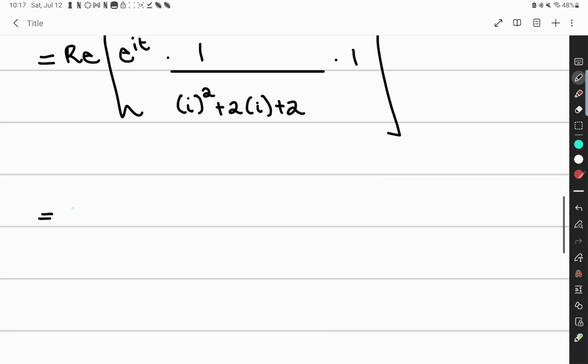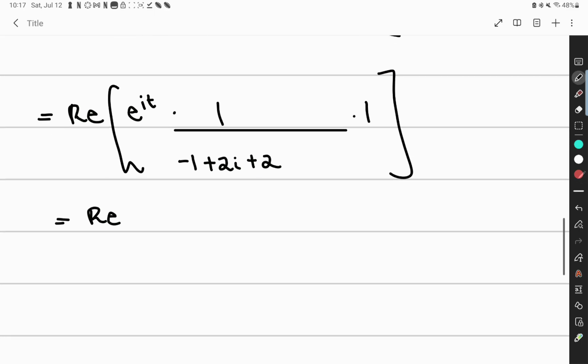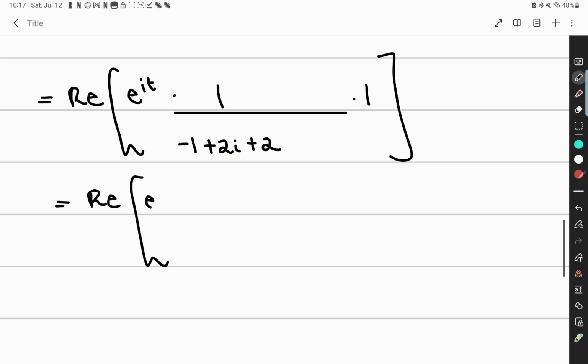Let's simplify: it's going to be e^(it) times 1 over negative 1 plus 2i plus 2, which is e^(it) times 1 over 1 plus 2i, times 1.